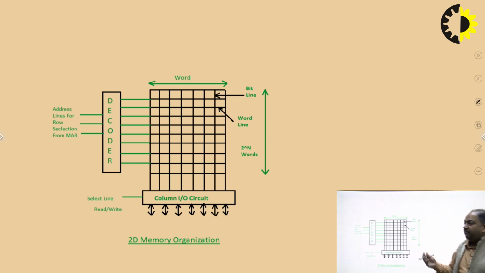If there is a 512 into 8 ROM, then the address line will be 9. So it depends on 2 raised to the power n words. There is a select line through which the read and write operation is performed, and there is a common output circuit which is denoted by the column. So each column is an input output circuit.